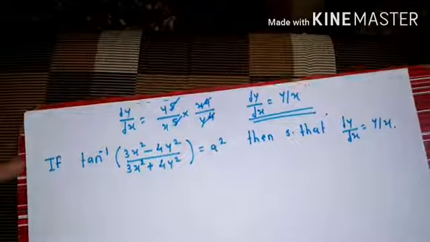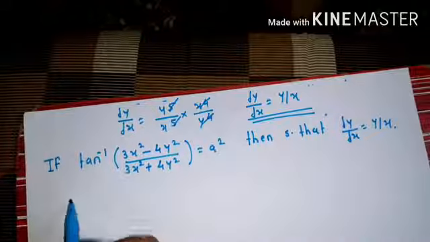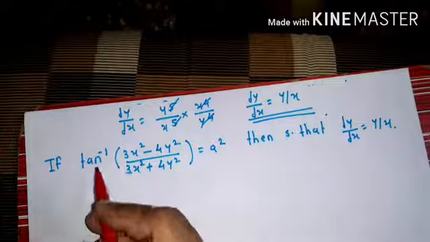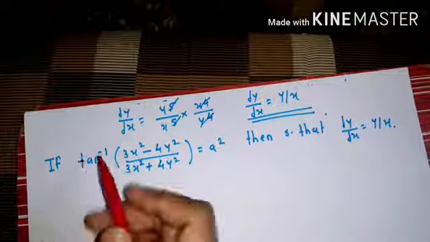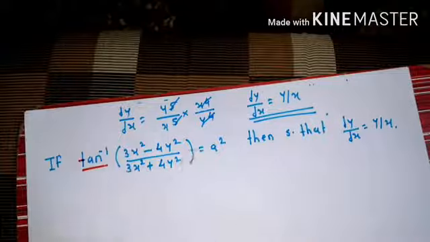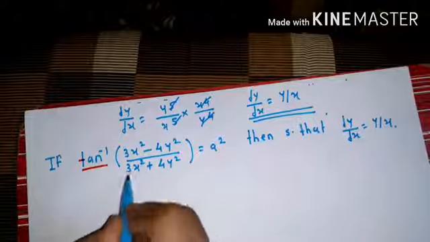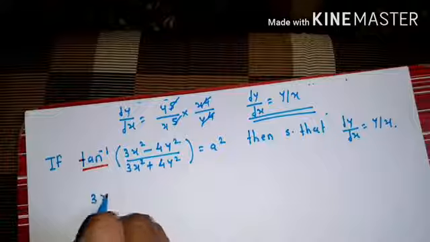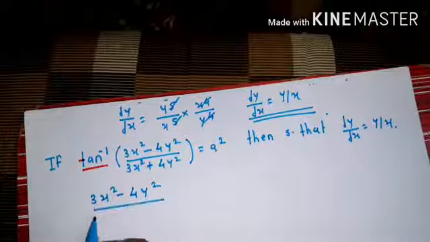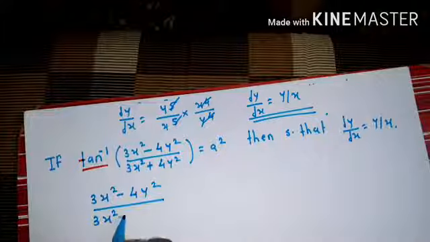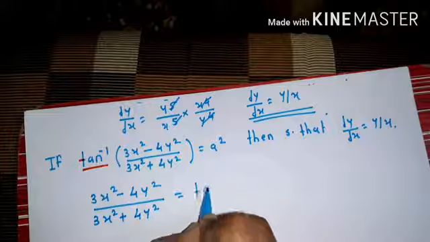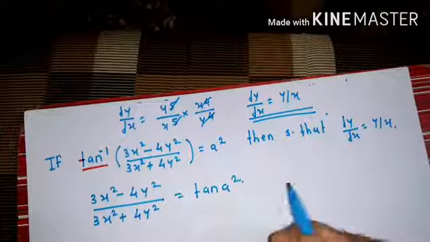Okay students, this is again like the last example, where we have taken the steps. We shift this number to that side and we get (3x² − 4y²) upon (3x² + 4y²) equal to tan of a².